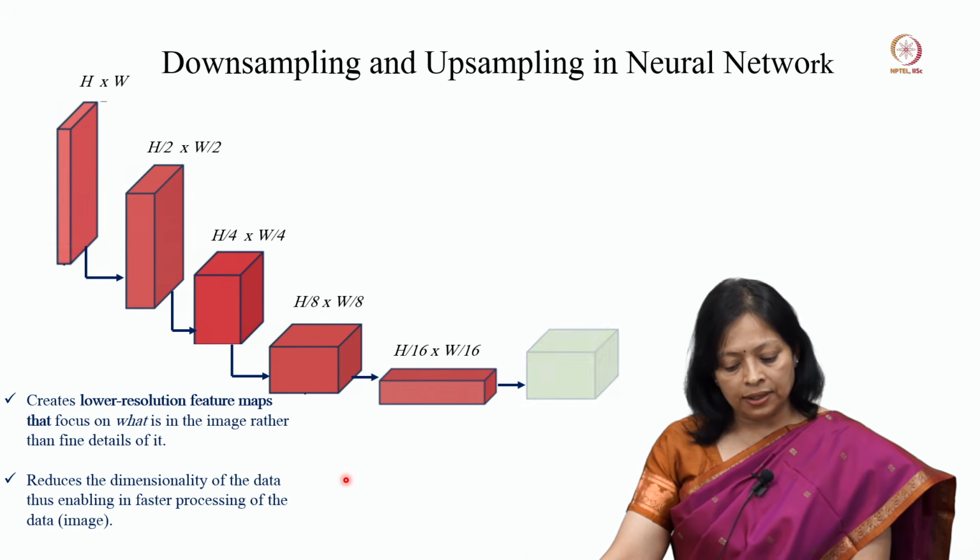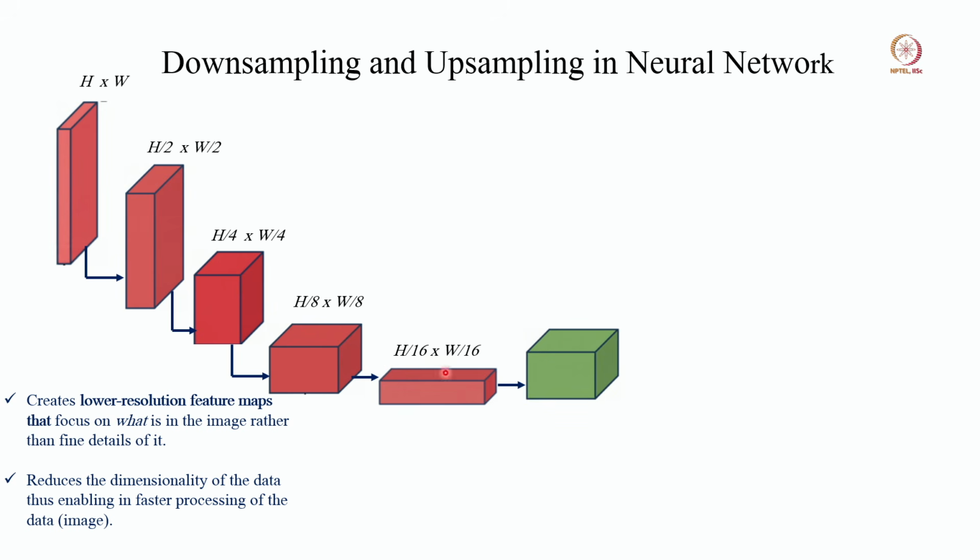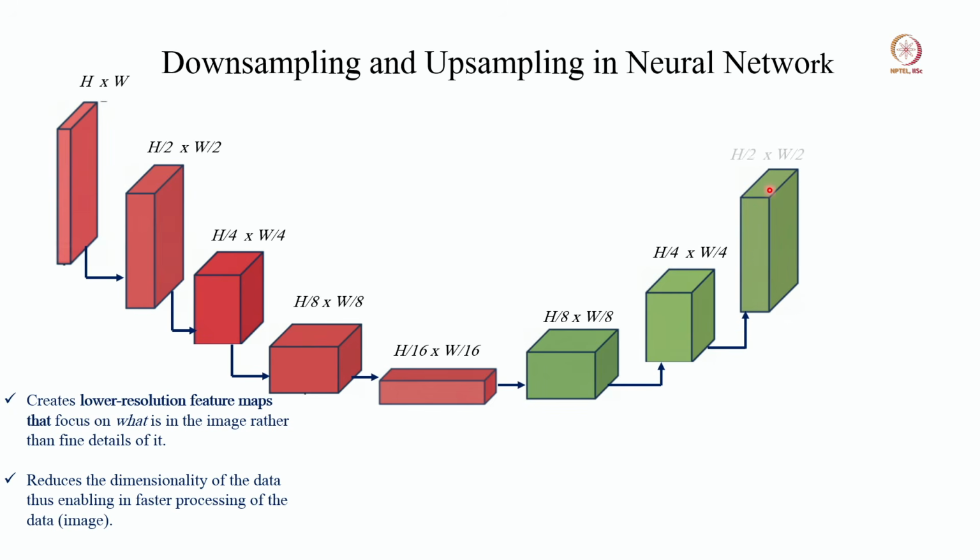Now, from here you see the green block, where we have increased the dimension, we have doubled the dimension. Here it is h by 8 into w by 8, and then another operation doubles the dimensions of this block to h by 4 into w by 4, then h by 2 into w by 2, and then we have the final one, which is h into w.